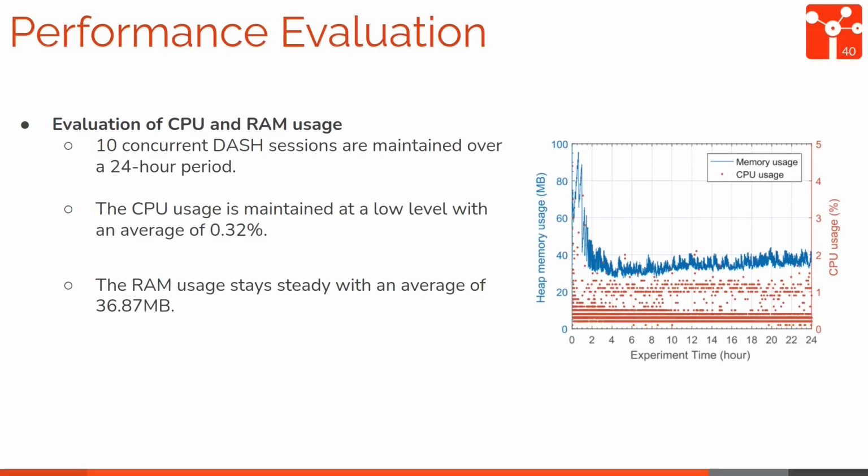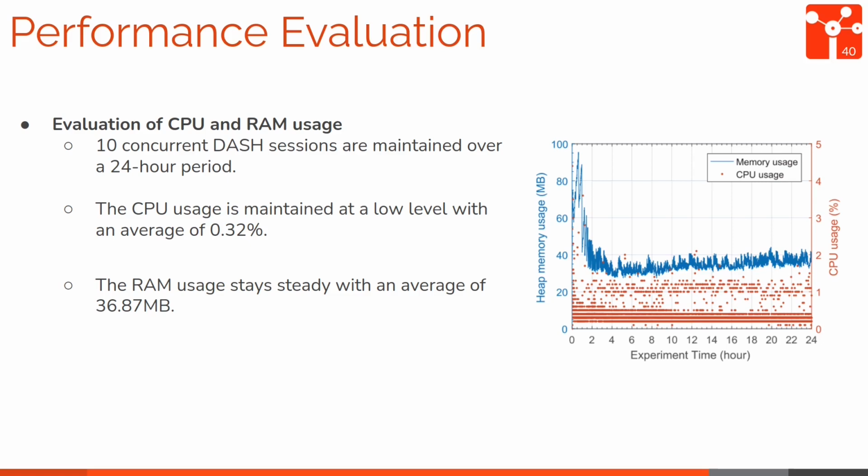Later, in order to evaluate the proposed QoE estimation scheme's CPU and RAM usage, the authors used the same setup, with 10 concurrent DASH sessions maintained over a 24-hour period.